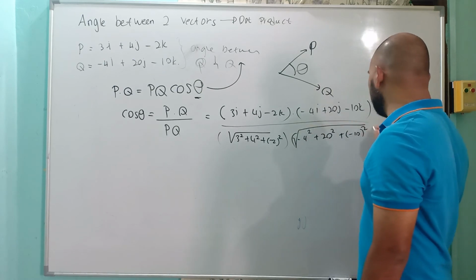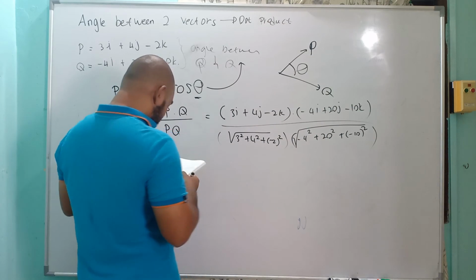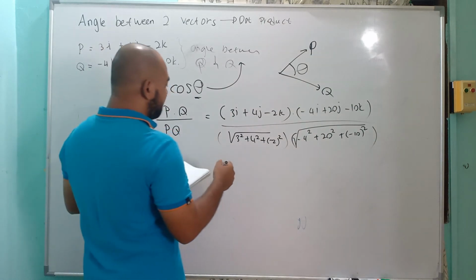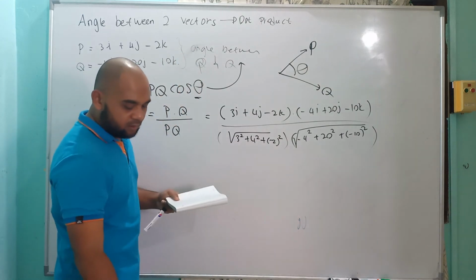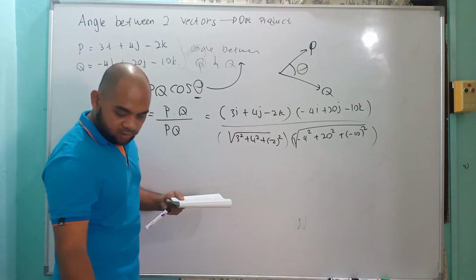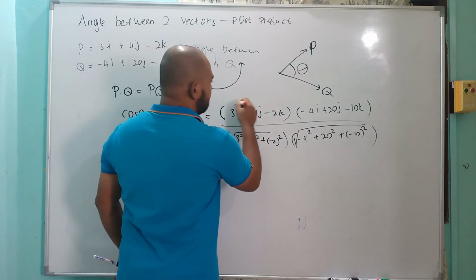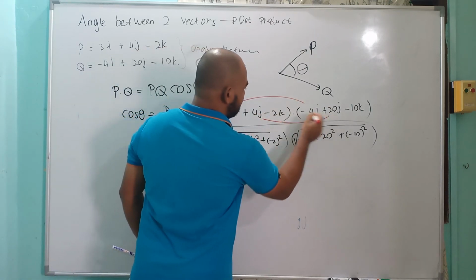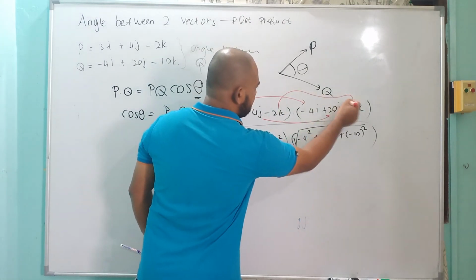Once you do that, you only take the parts which are i dot i, j dot j, and k dot k.